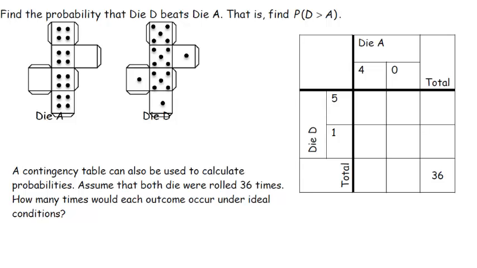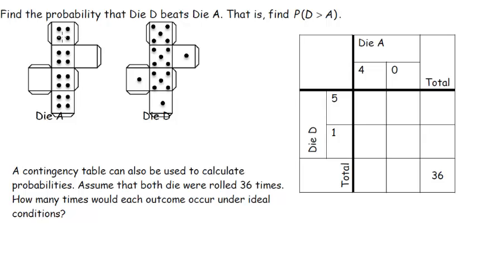So what we're going to do, I'm going to look at the same problem, die A versus die D, and see if we can fill out this contingency table. So we're saying, under perfect circumstances, how many times do you think A would be a 4, so I'm right over here, and A be a 0 if I rolled these dice 36 times? Well, let's suppose I just roll it 6 times.